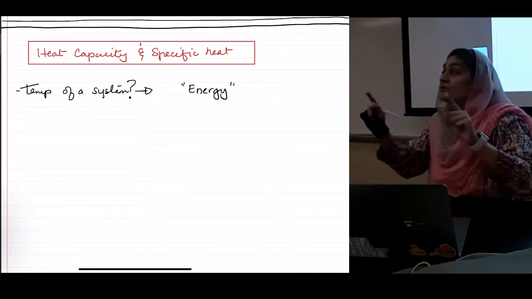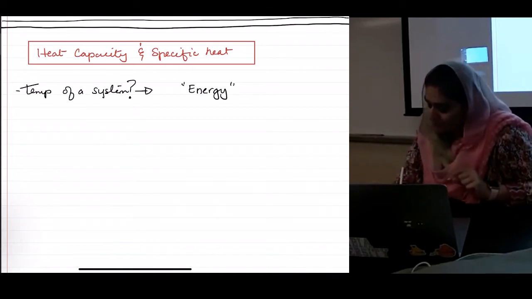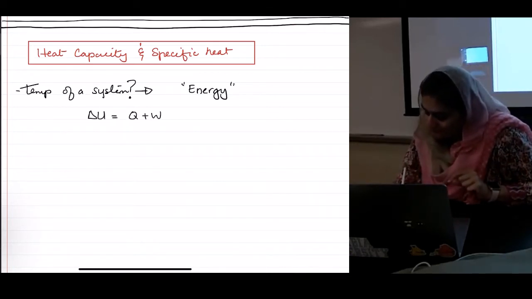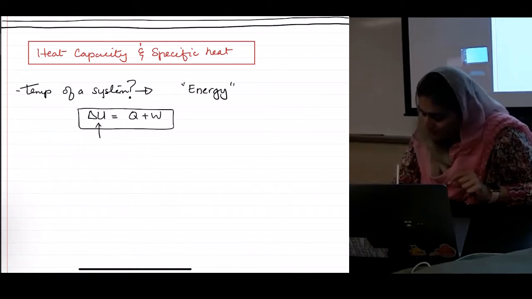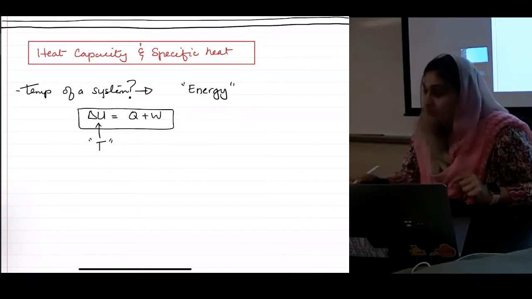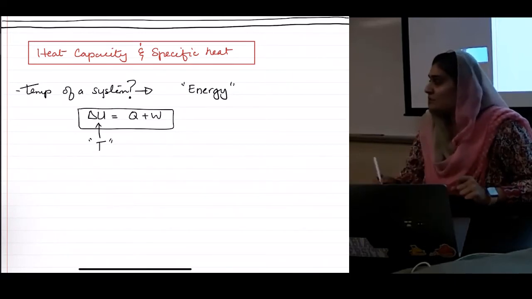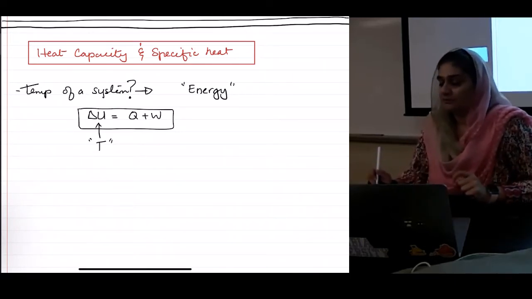Now, how do you do that? We know from our first law that temperature is this part of that equation, right? So how do I change the temperature of anything?